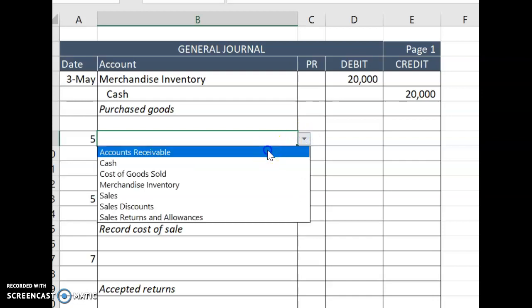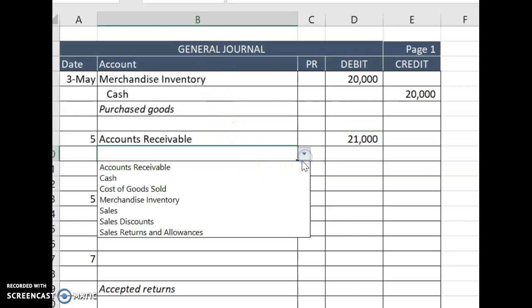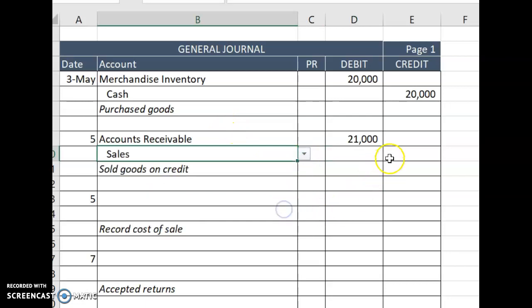That will be a debit to accounts receivable for 21,000, and we will credit our sales account for 21,000.